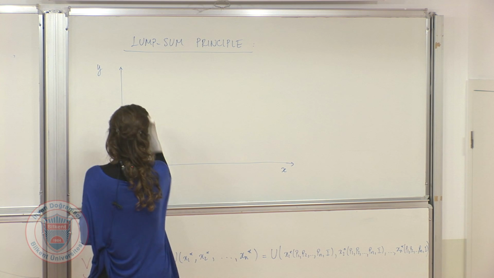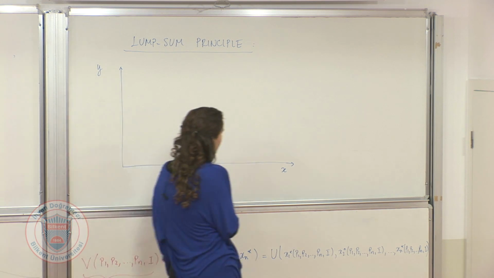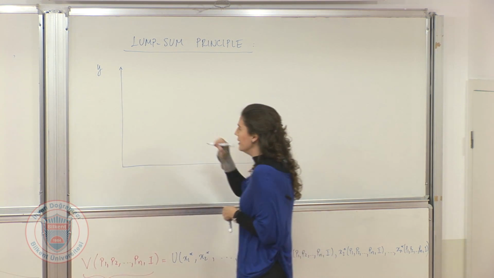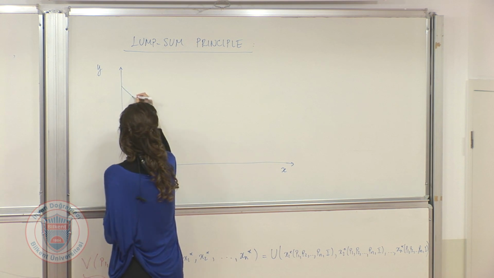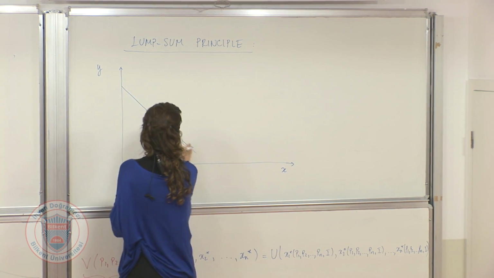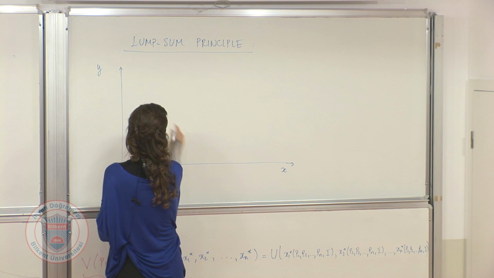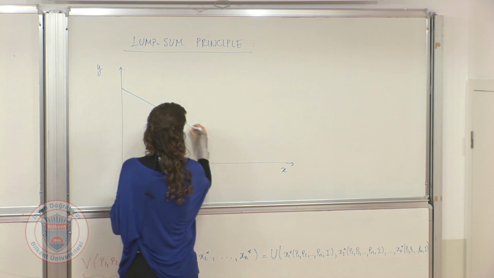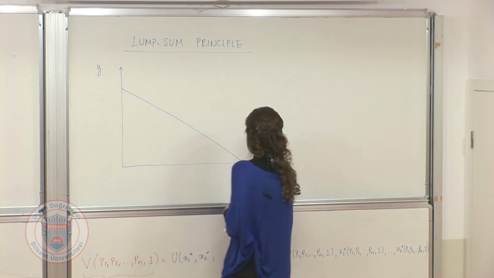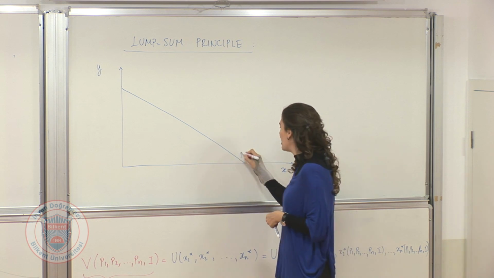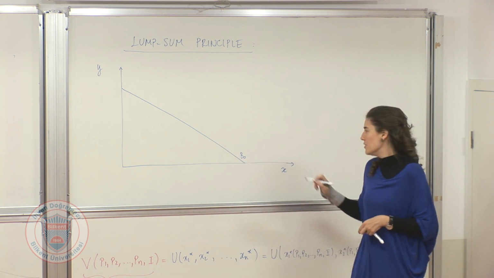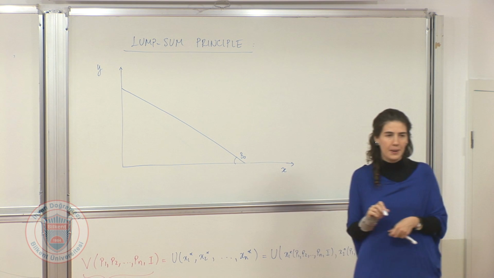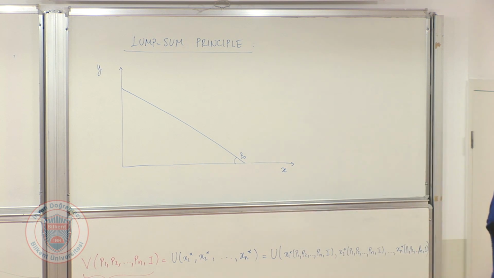Now let's suppose initially, or let's put it like this. I'm going to call this first budget line B0, okay? So what is the slope of this budget line? Minus 1. I didn't write anything. So what is the slope of this budget line?